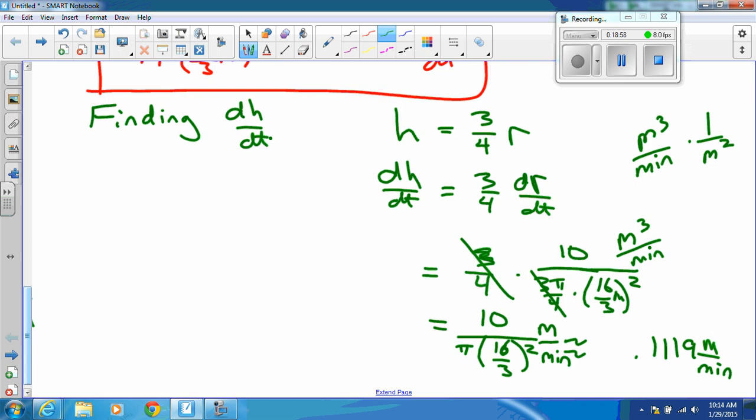I said that we could solve this by going back to the radius equation. What's the other way that I could do this? Starting with my volume equation. Go ahead, give me details. Yeah, start with that volume equation.